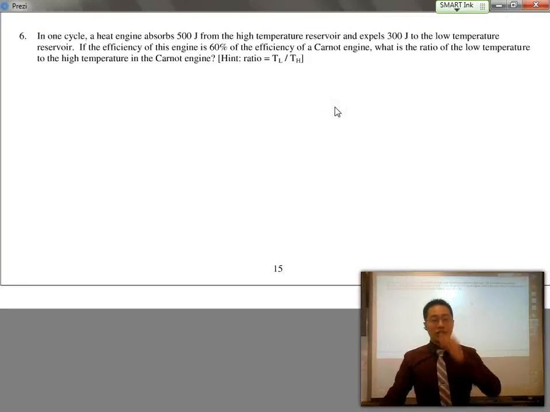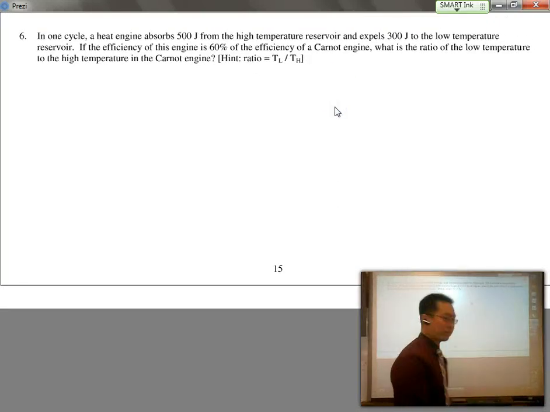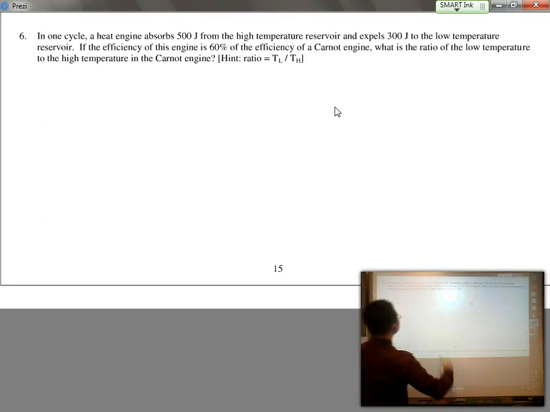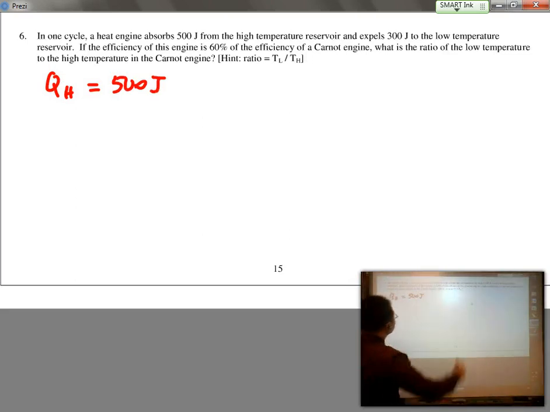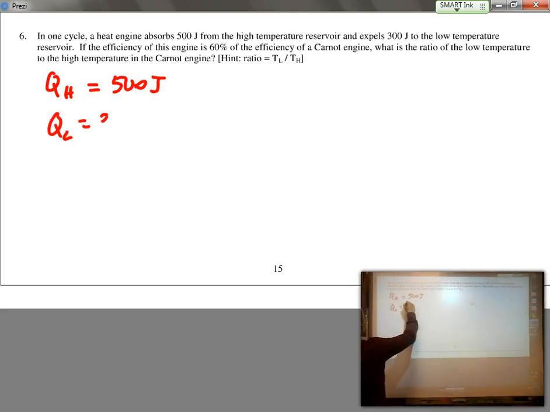In one cycle, a heat engine absorbs 500 joules from a high temperature reservoir. So, QH is equal to 500 joules. QC is equal to 300 joules. They say the efficiency of this engine is equal to 60% of the efficiency of a Carnot engine.